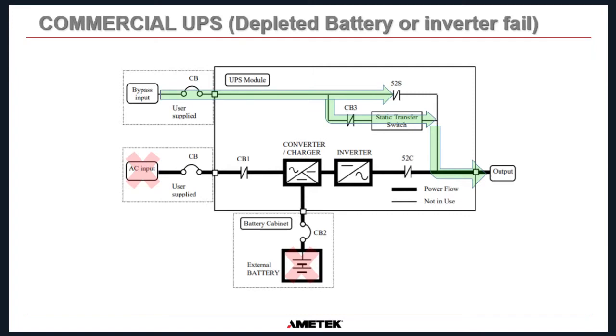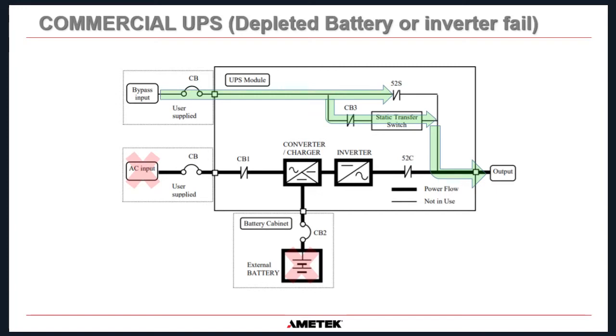And what happens in that circumstance is there will be a circuit that says, okay, I'm just about to do this. Let's transfer to the bypass supply. The static transfer switch, you can see on the screen here, says, okay, I'm synchronized. The inverter is always synchronized with the bypass supply.